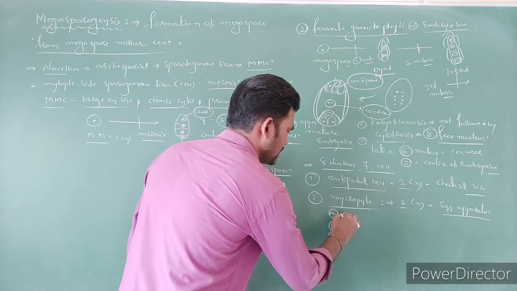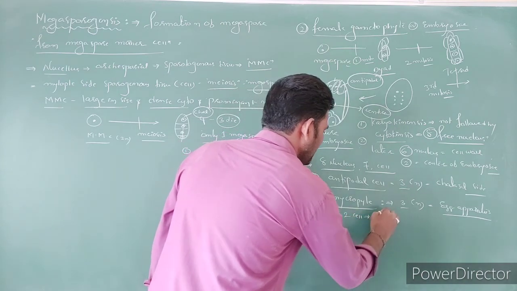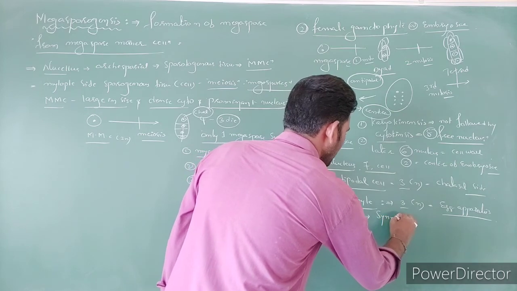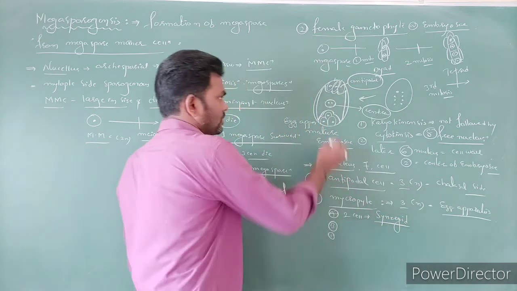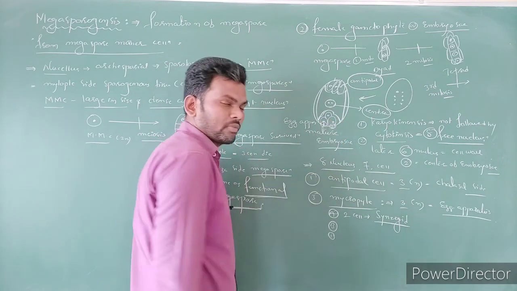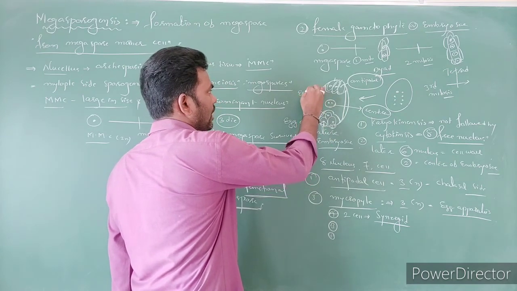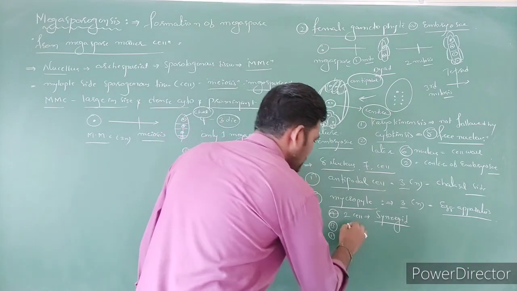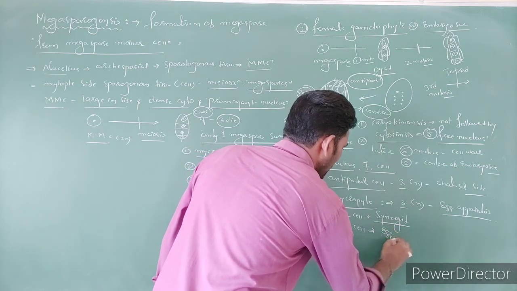Out of 3 cells, 2 cells we call synergid cells: synergid cell 1 and synergid cell 2. And the top cell we call the egg cell. One cell acts as the egg cell.